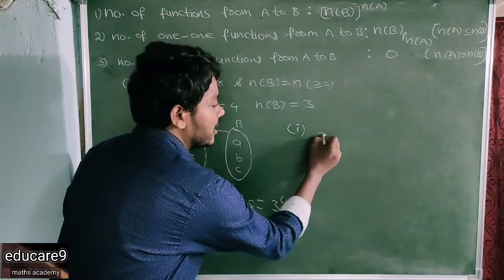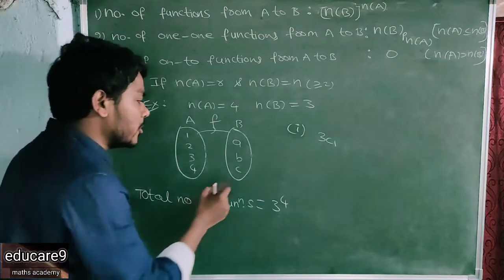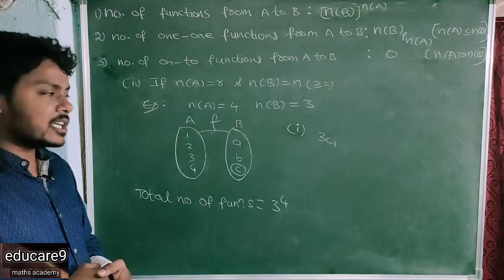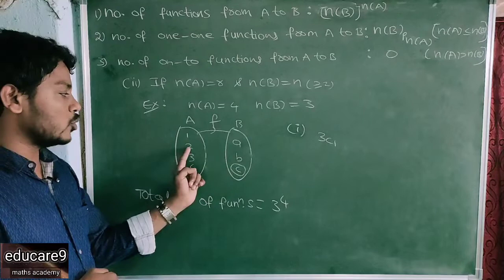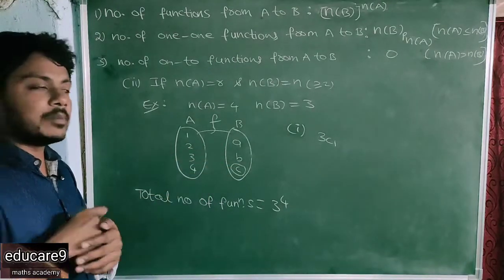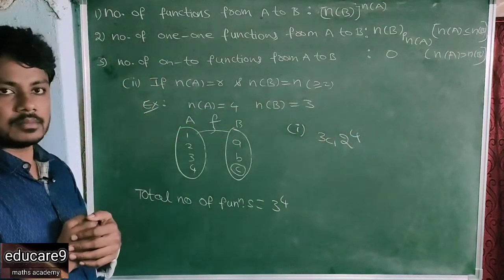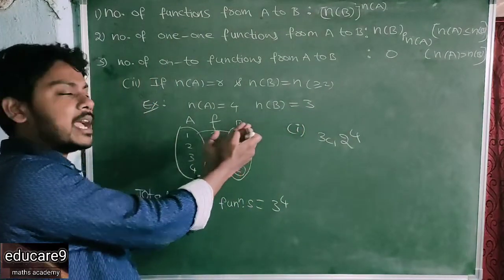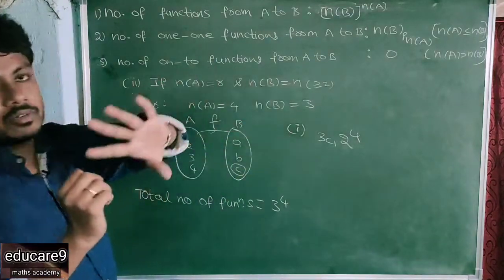Suppose out of 3 you select one, written as 3C1. For example, you can select C. Now, what is the number of functions? 1 is mapped to A or B, 2 chances; 2 also 2 chances, 3 also 2 chances, 4 also 2 chances. So clearly this can be written as 2 power 4 chances. So these are not onto because 1 is mapped to A or B and 2 is mapped to A or B. So these are not onto functions.